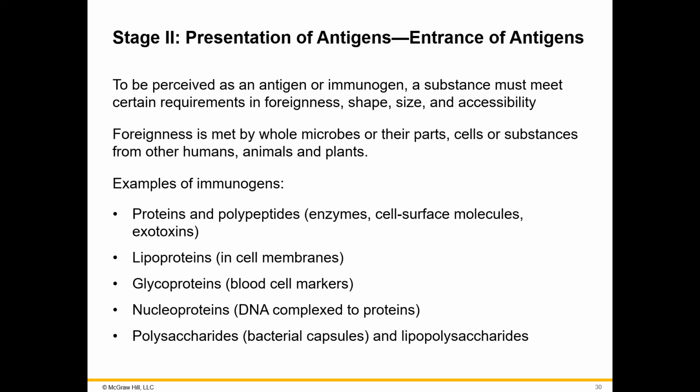Most materials that serve as good immunogens fall into certain chemical categories, and those are proteins and polypeptides, which would be your enzymes, cell surface structures, exotoxins, etc. Lipoproteins, which are found in cell membranes, glycoproteins, blood cell markers, nucleoproteins, like DNA, which is complexed to proteins, and polysaccharides, so certain bacterial capsules, as well as lipopolysaccharides.